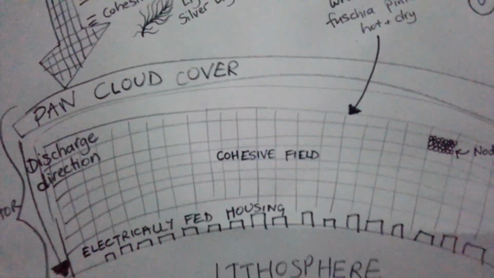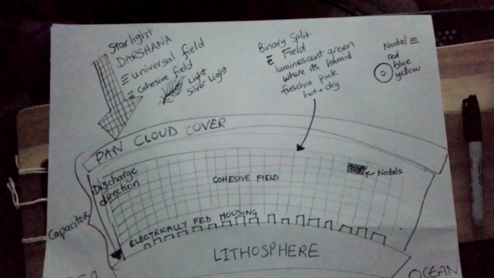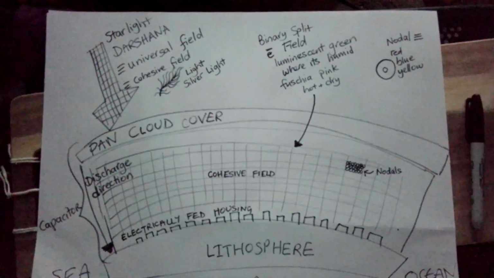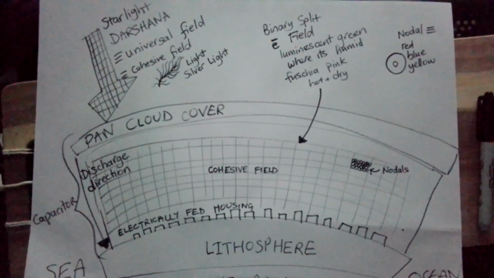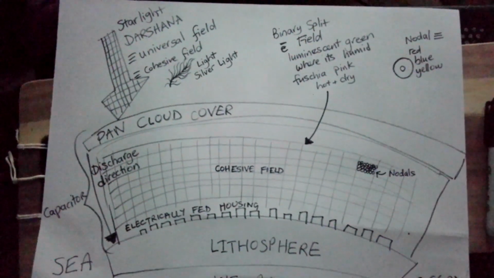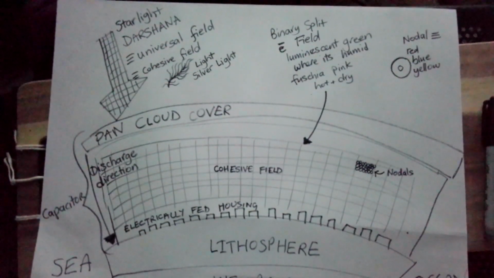Let's have a look at an earthquake and think about how that earthquake behaves when you know that you're in a capacitor, okay, and you're under the universal field pressure.